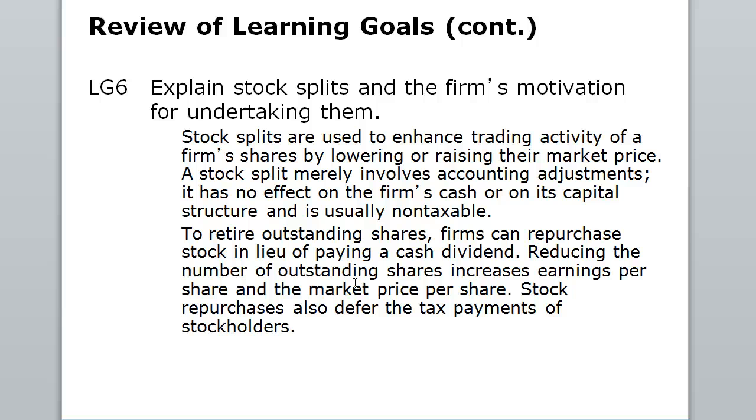This is why we review the learning goals in this chapter. Because if you're, say, Amazon and Google, these are stocks that have hit $1,000 per share. They're not currently at $1,000 per share, but at $1,000 a share, very few people can buy that stock. It lowers demand for the stock.